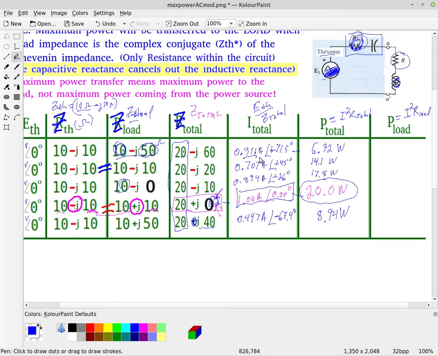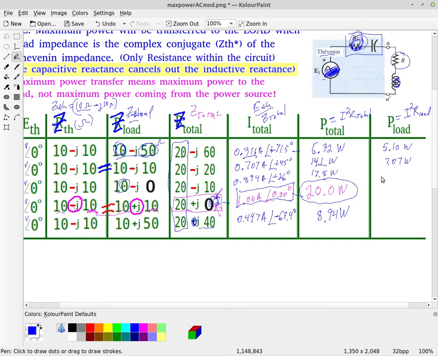And so we're going to have our total current 0.316 squared times the load, which is just 10. And so that turns out to be about 5.10 watts. Then if we look at the next case, we're going to find that we're using about 7.07 watts.